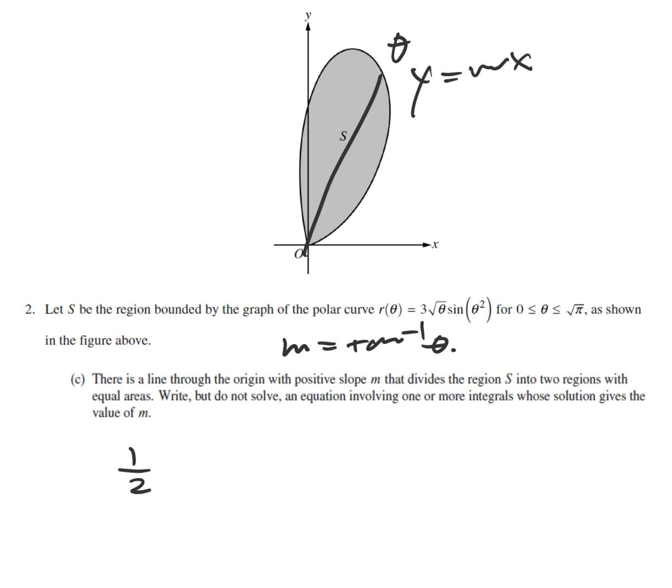We know that the area in polar curves can be represented as 1/2 of the integral of r squared d theta.